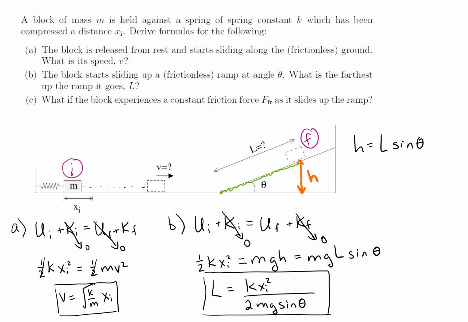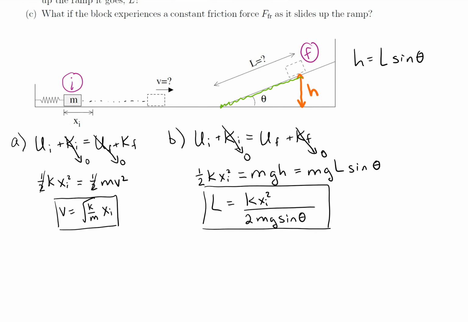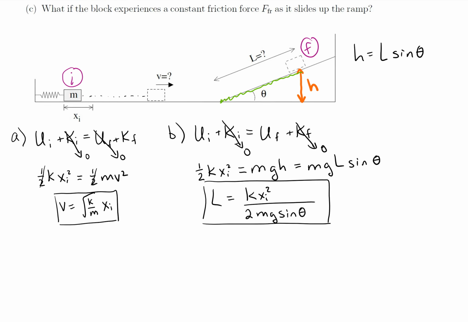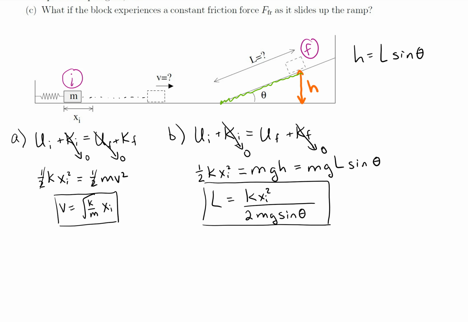Now we know we're losing some energy to friction, so we can't do conservation of energy the same way that we did before. We have to account for friction somehow. And we're able to do that because we're told what the friction is. We're told we can model the friction as just a constant friction force as it slides up the ramp.